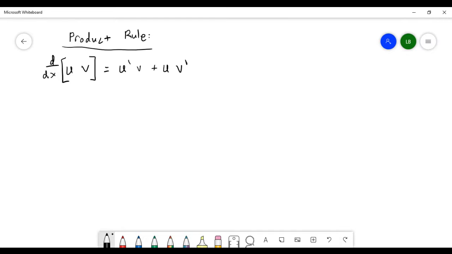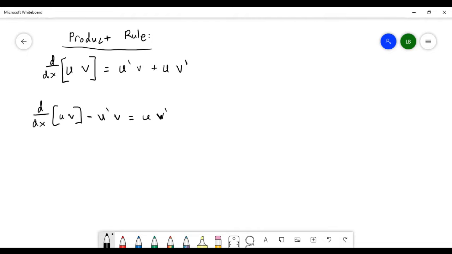But then let's say we took this formula and we wanted to subtract u prime v from both sides. We have this formula, which is really no different from this top one. We just moved one thing over to the other side.